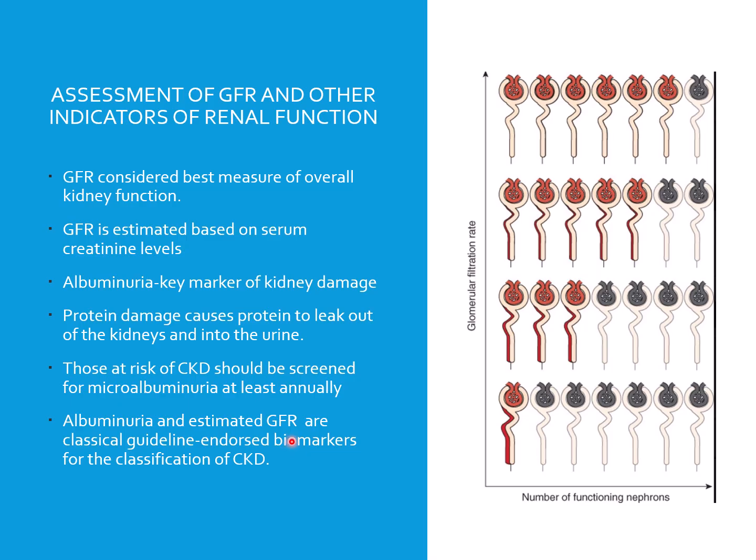So at every annual physical exam, they should give a urine sample to see if any albumin or proteins are starting to leak into the urine. Albuminuria and GFR are the classical guideline-endorsed biomarkers for the classification of CKD. So it's really protein in the urine, which indicates kidney damage, and then GFR, which indicates the extent of nephron damage that we're seeing in the kidney itself.